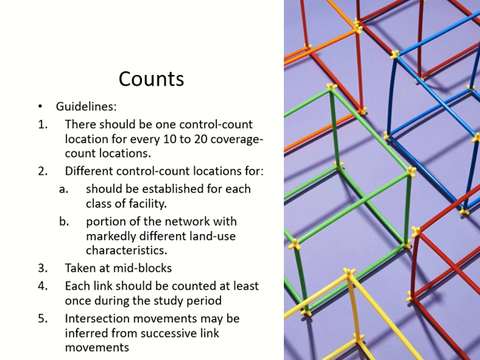The next 2 points are related to control counts only. You have an entire network, right? The network can have different types of highways, right? What are the types of highways we have?